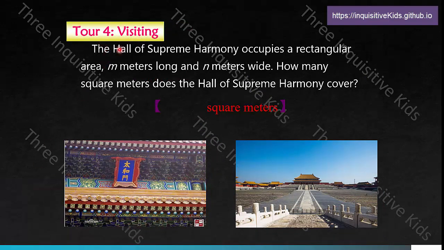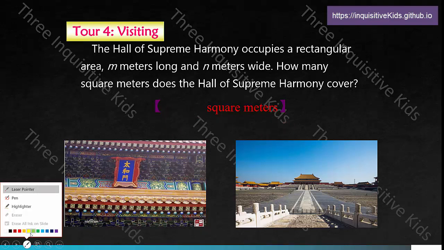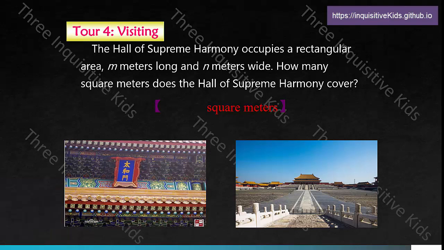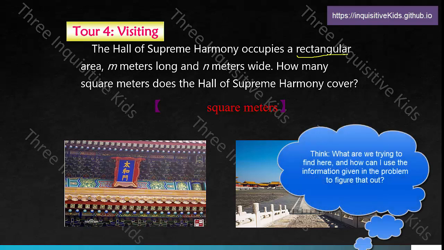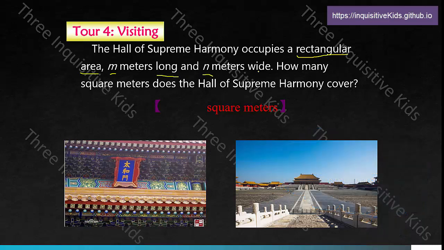Tour 4, visiting. The Hall of Supreme Harmony occupies a rectangular area, m meters long and n meters wide. How many square meters does the Hall of Supreme Harmony cover? And the answer is blank square meters. Again, let's think of it. It's a rectangular area, m meters long and n meters wide.